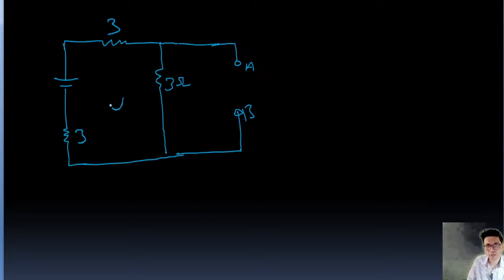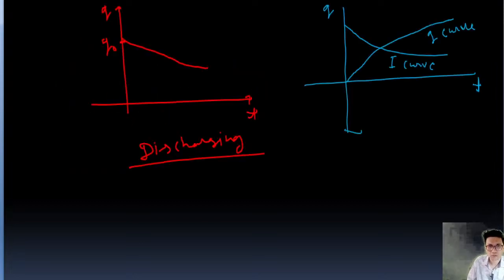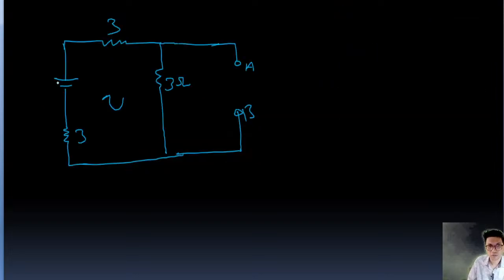Now in this loop, loop 1 and loop 2. In this loop, what we are going to do, we'll use KVL. In loop 1, KVL will be used. So this is 10 volt, right?